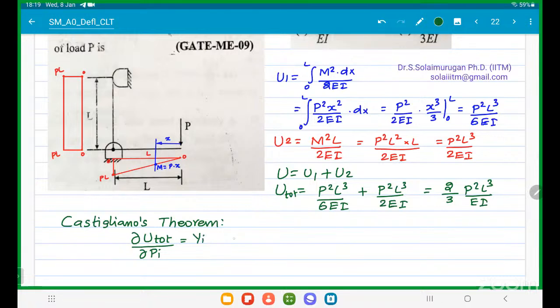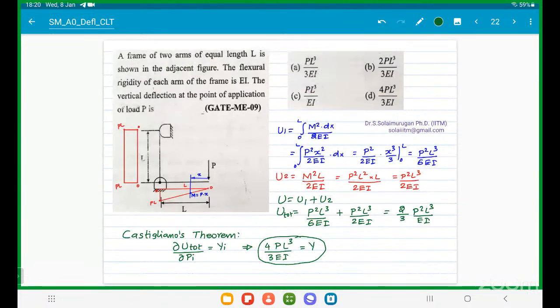Now we are going to do the partial derivative with respect to P. So 4PL cube by 3EI is equal to Y. Is it correct? Correct. 4 by 3, right? Yes. Okay.